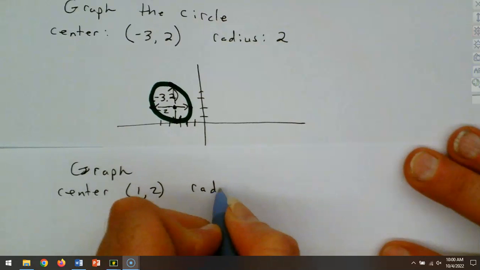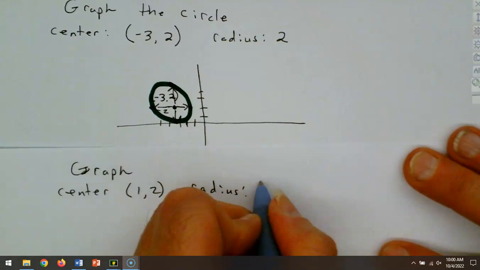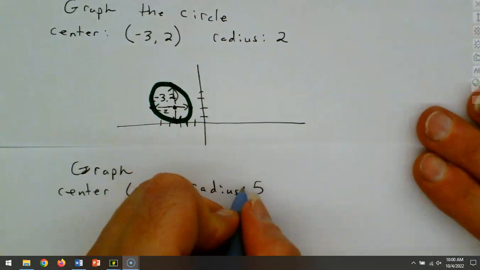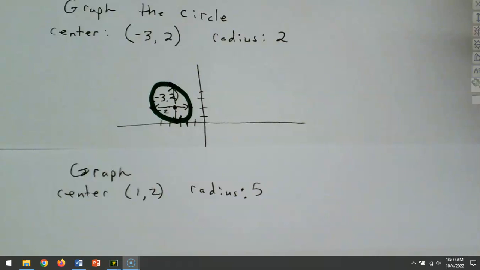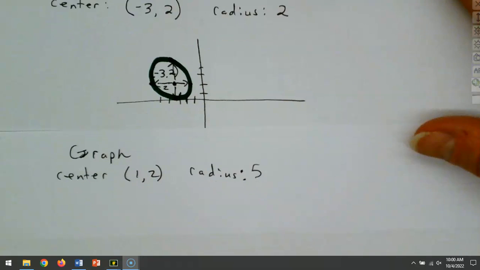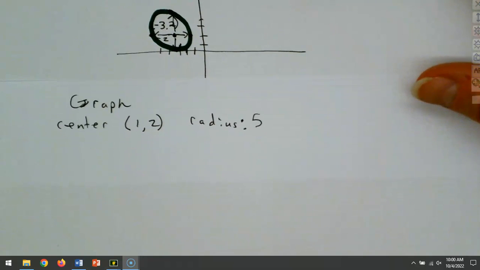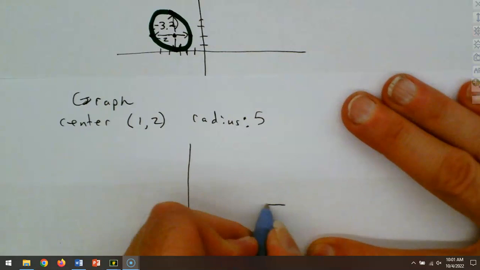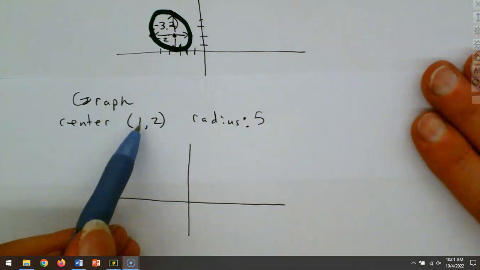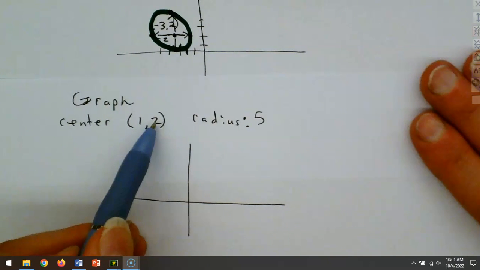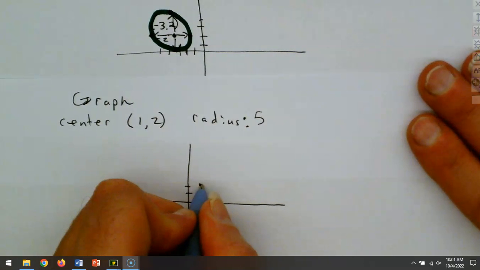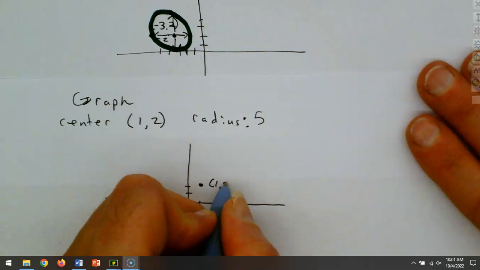And a radius this time of 5. That way it'll be a little bit easier to see. So the center is at 1, 2, radius of 5. So where would we begin? We plot our point for the center, which is over 1, and up 2 units. So that puts my center right there.